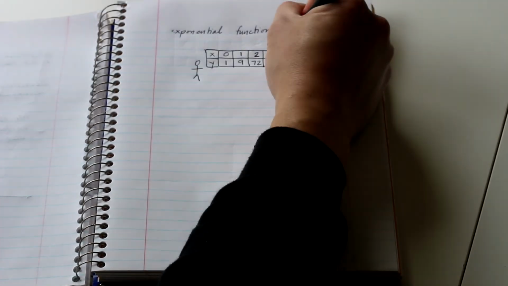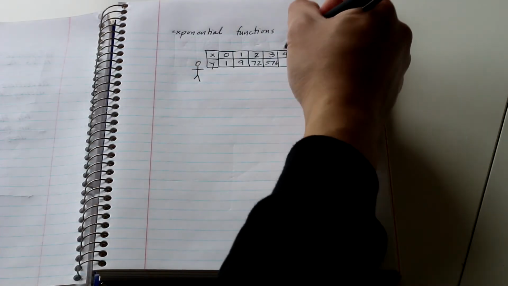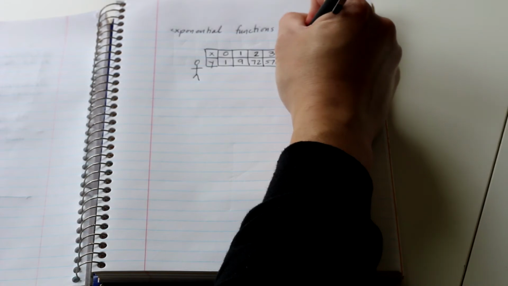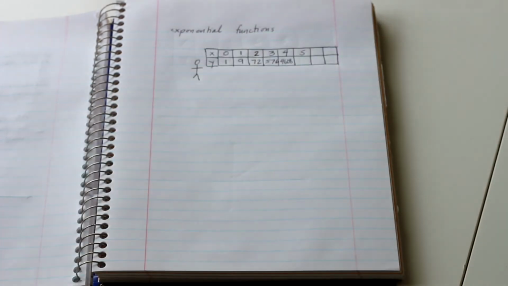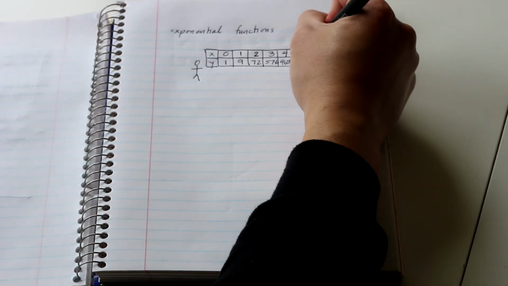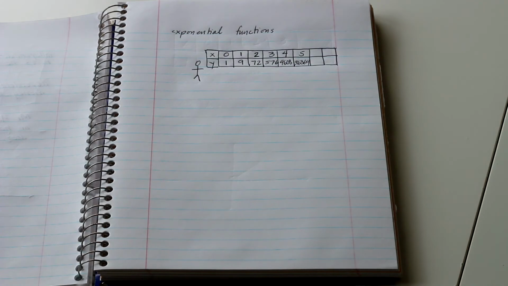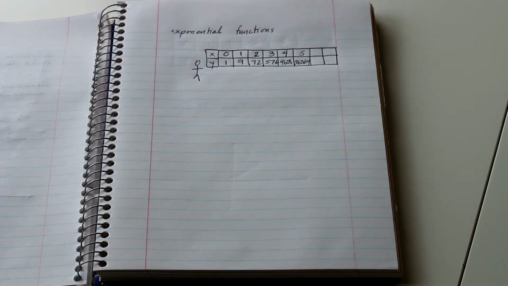How about day 4? Okay, multiply that by 8. You get 4,608 people. And then day 5, 36,864.